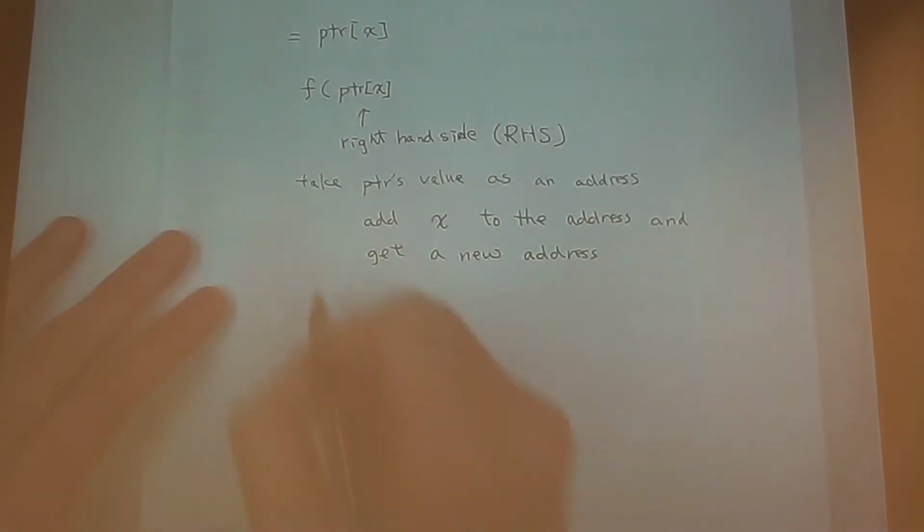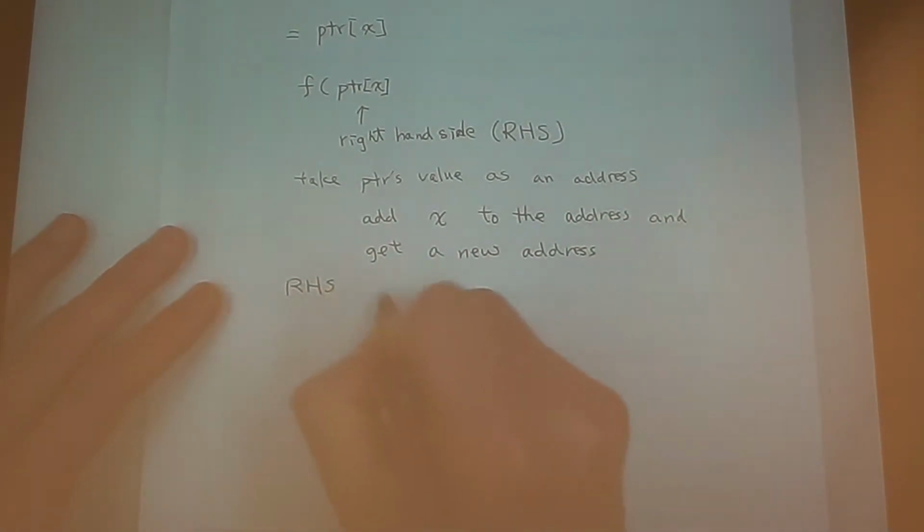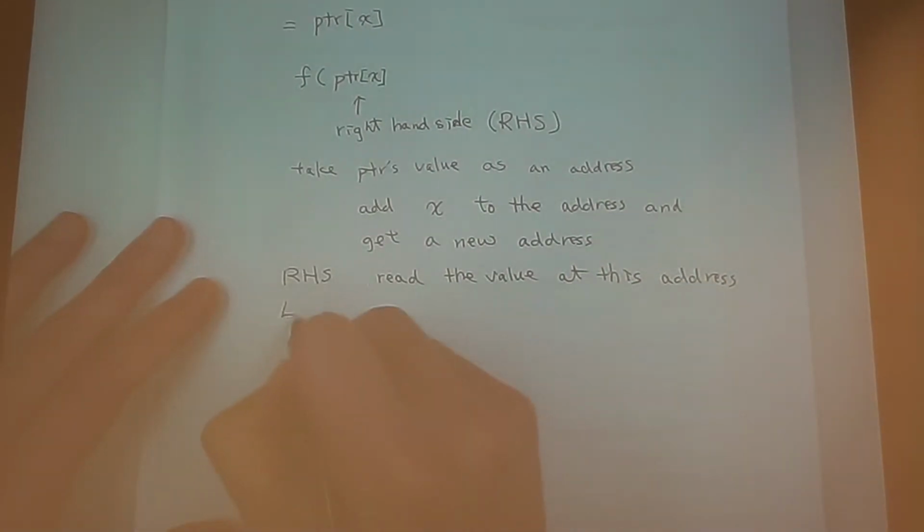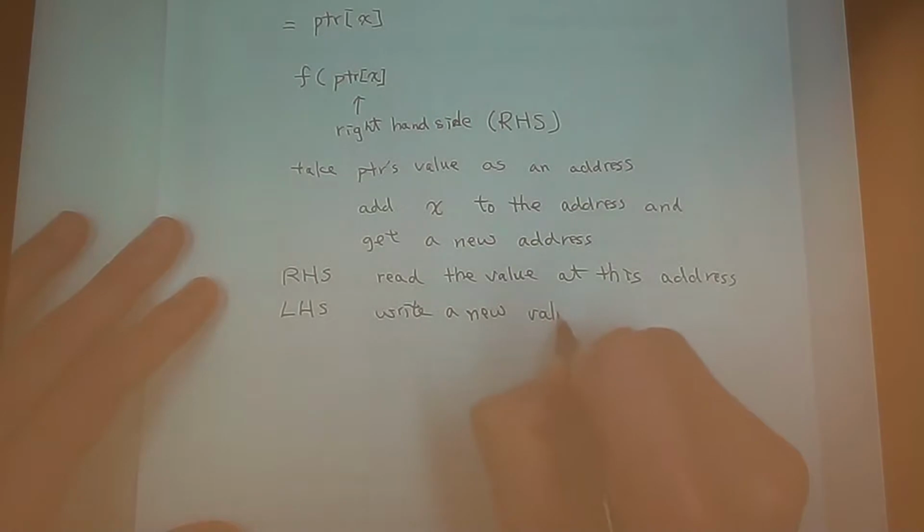Now if it's the right hand side, that means you'll read the value at this address. If it's the left hand side, it means you'll write a new value to that address.